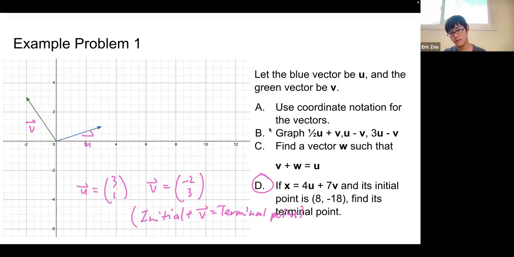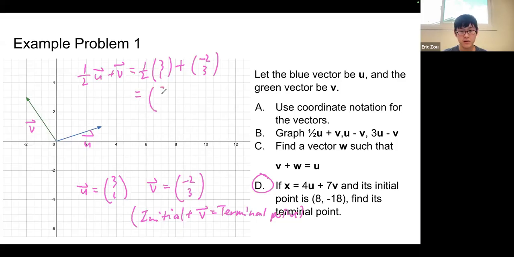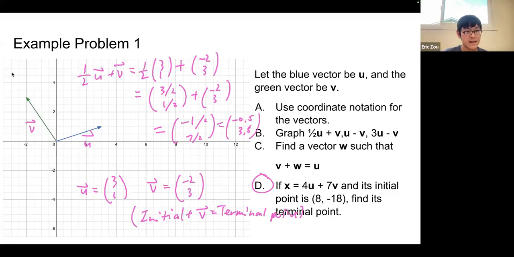Actually, as an example, I'll go over the sum of b. So let's go over half of u plus v. So this is half of 3, 1 plus negative 2, 3, which is 3 over 2, 1 over 2 plus negative 2, 3, which is negative half and 7 over 2, or maybe like decimals. So if you want to graph this, you go half of u right here and then v, which should end here.